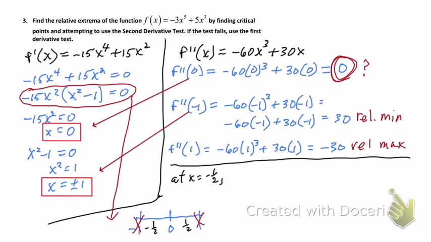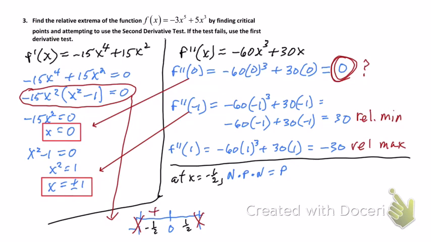So at -1/2, I'm getting that by saying I've got a -15 times -1/2 squared, which is +1/4, times -1/2 squared, which is 1/4 minus 1. So that's where I'm getting the negative times positive times negative. And that gives me a positive. So I put that over here.